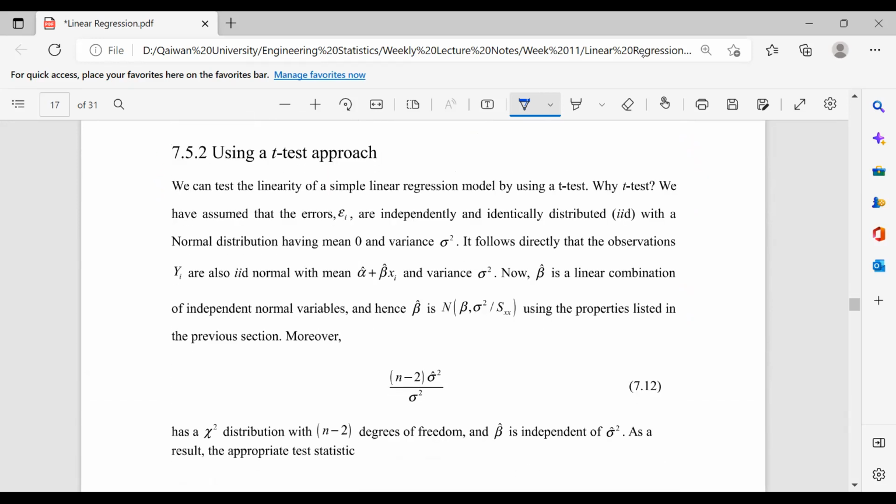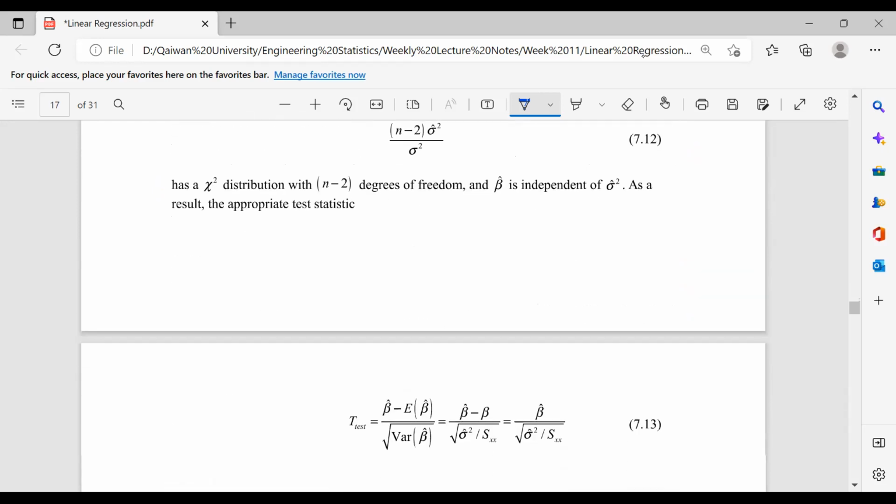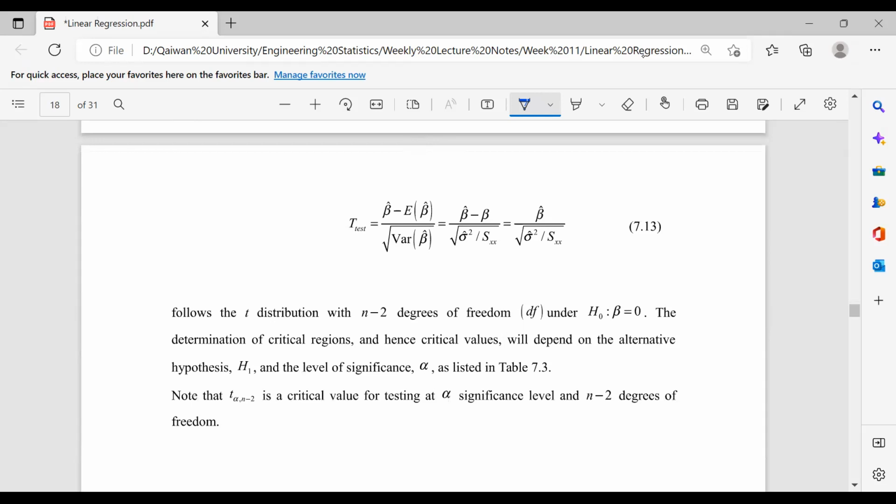We now have the t-test approach. As I said, we have 2 methods, one-way ANOVA or t-test. We have only these 2 methods here. It says here we are using the t-test approach. This is how to find the t-test. Here we find this in step 3.